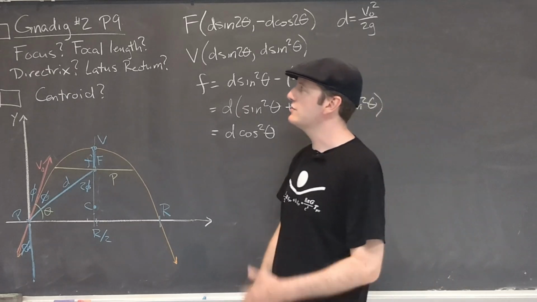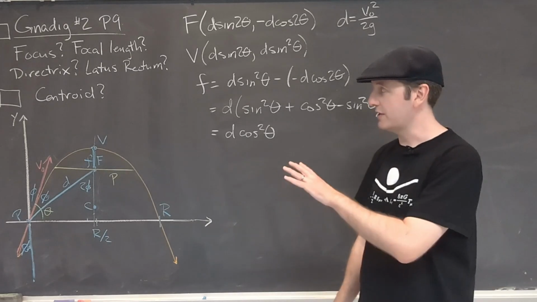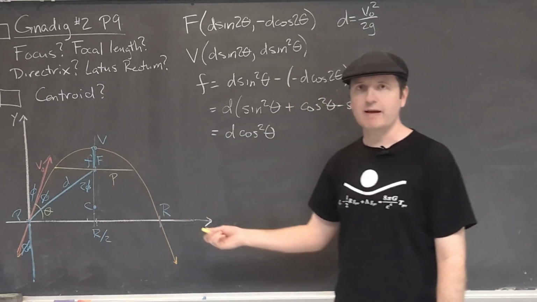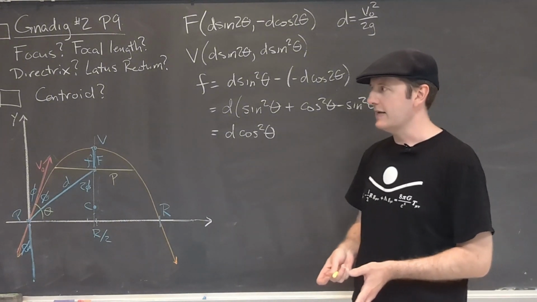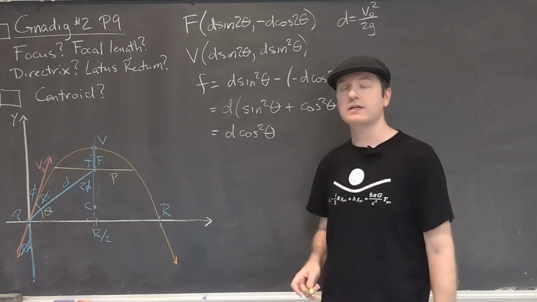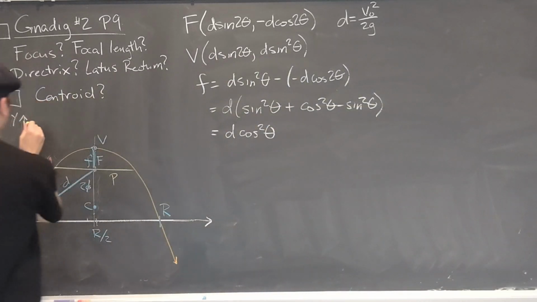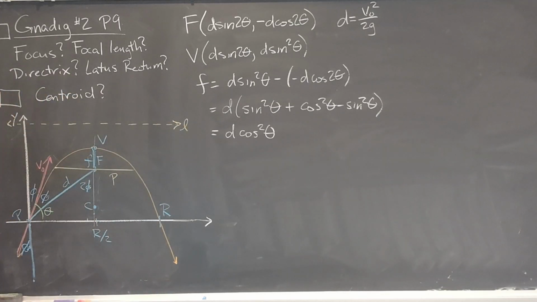We also might want to know where is the directrix of this parabola. Now, the directrix is a line that's very important in the geometry of parabolas. In fact, the definition of a parabola geometrically is it's the locus of all points that are an equal distance from a given point, the focus, and a given line, the directrix. So in particular, there will be a line, it'll be up here. I'll call this line L, the directrix, such that any point on the parabola, let's just take point P for now, will have the same distance to point F as it does to this line.